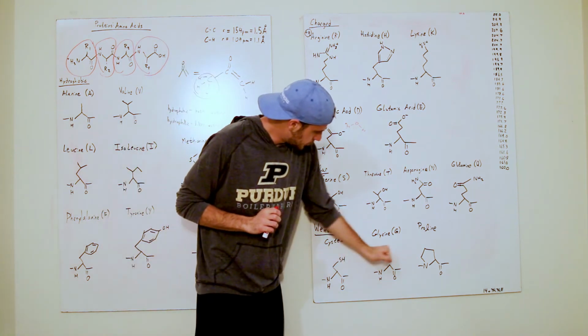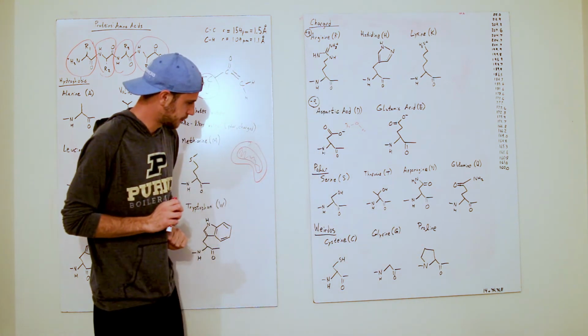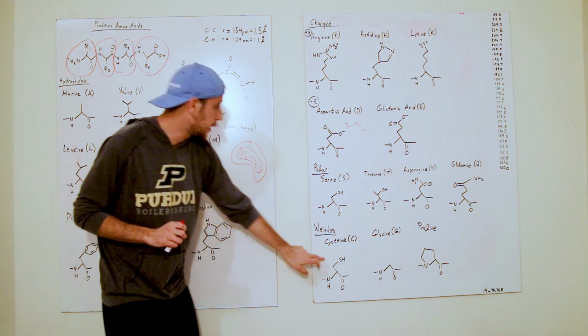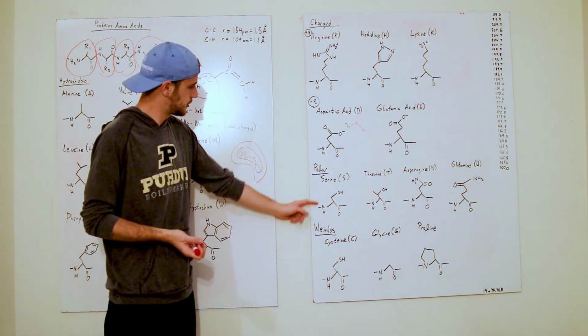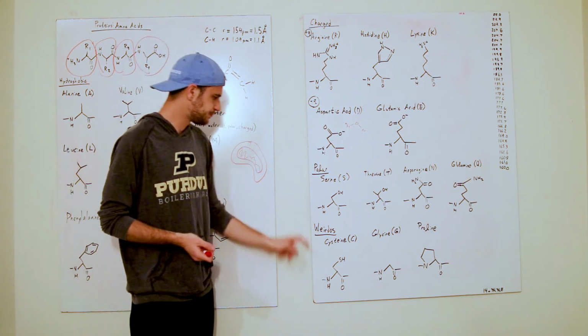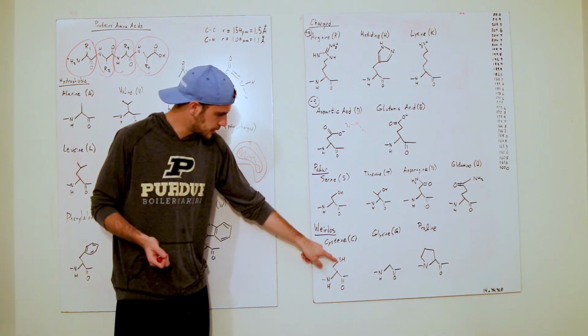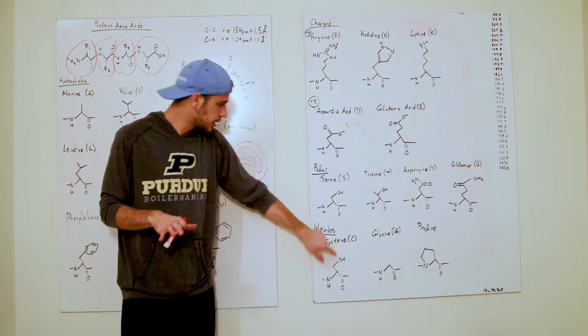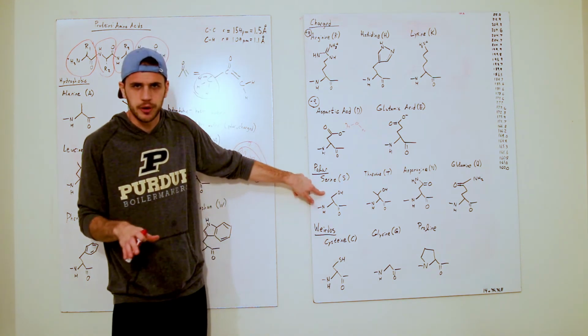So, like Leibniz, we have weirdos. We have cysteine, which looks a lot like a guy that we just saw, serine. Instead of oxygen, it's sulfur. Now, sulfur is still electrophilic, so why isn't it just polar?